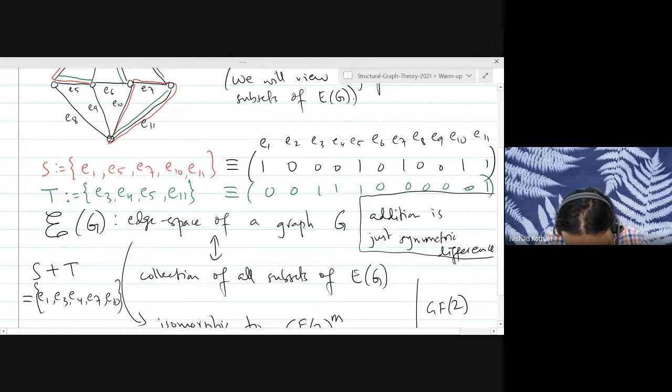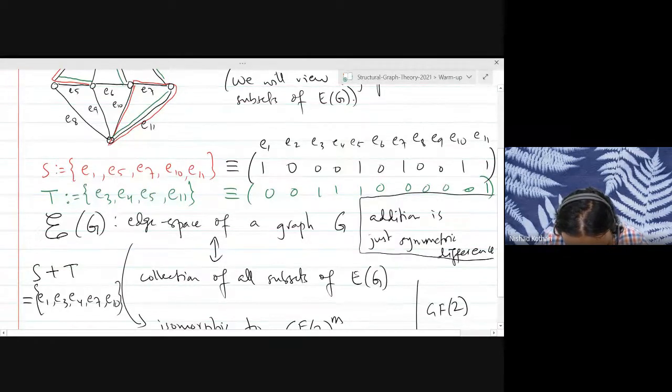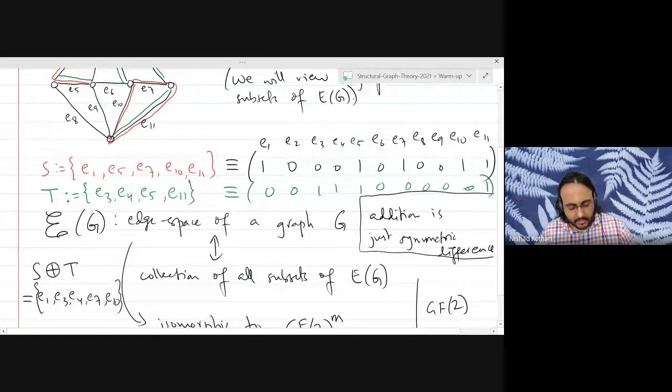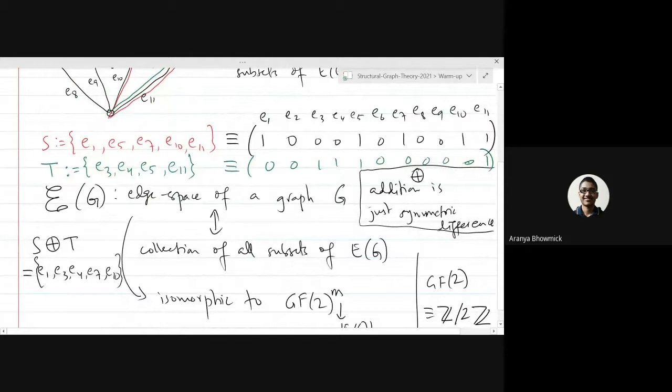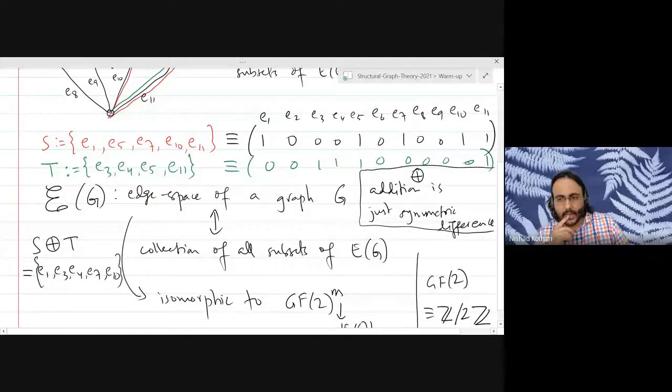Let me use a different notation: a plus with a circle around it. So in this context, we will use plus with a circle around it so that we don't confuse it with how we normally use plus and minus in graph theory, or at least how I normally use it.